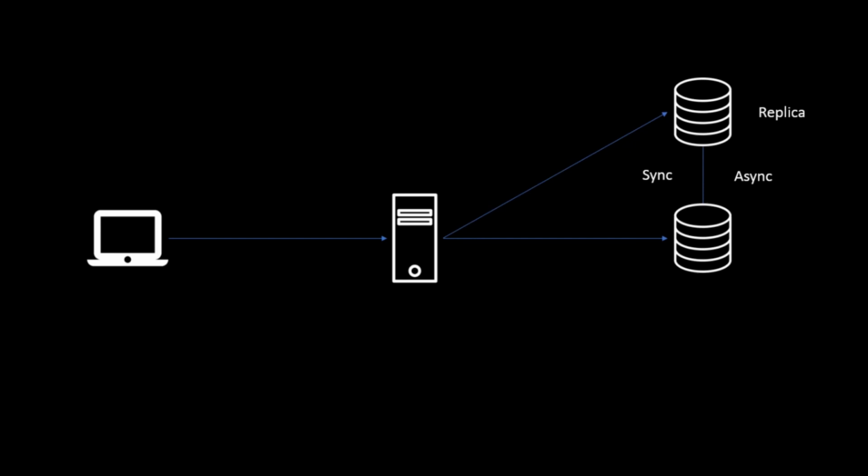Okay, so we would need to keep our data consistent by updating the database synchronously. But if you're building, let's say, a social networking platform, it's okay if the comments on a photo are updated after a few minutes. So for an application like a social networking platform, you can update the servers asynchronously.